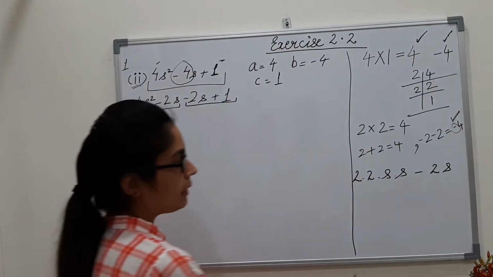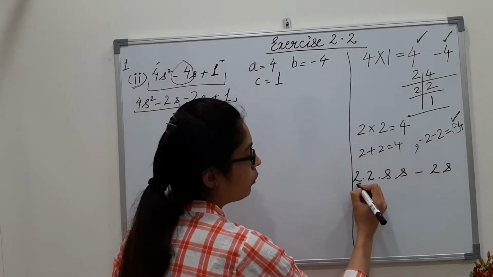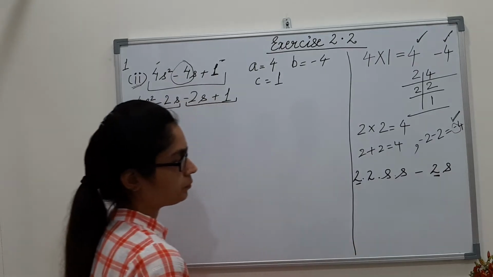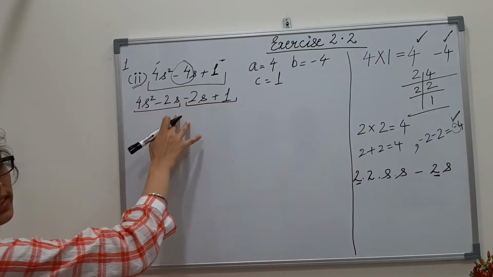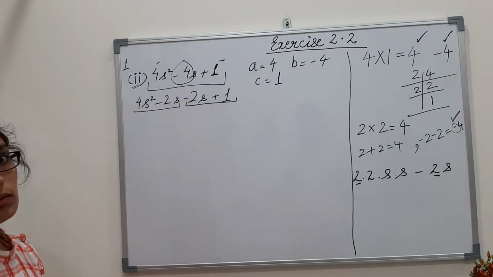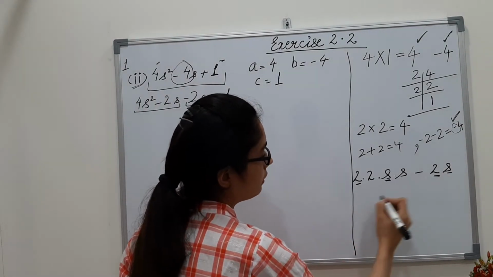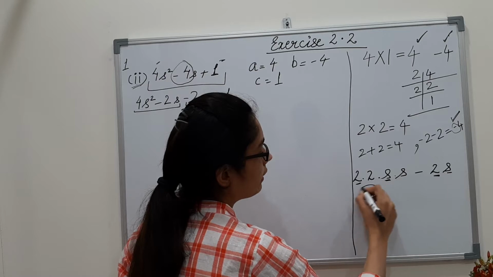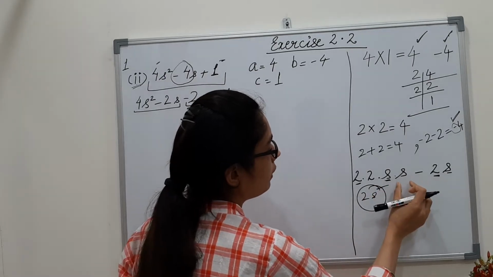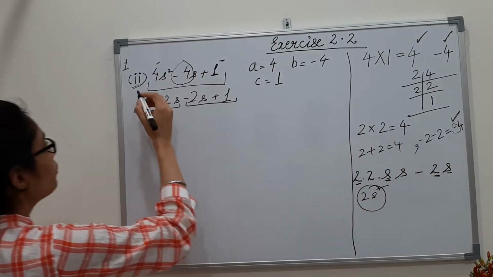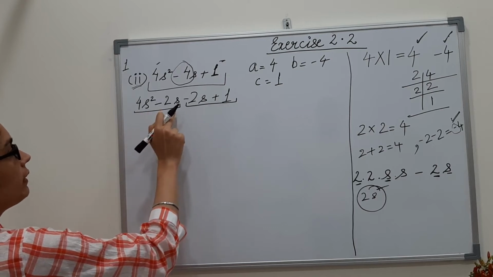Now see, 2 is there, 2 is there. Common means the thing which is coming in both the factors. S is there, s is there. That means 2s we can take common, since 2s is coming in both terms.